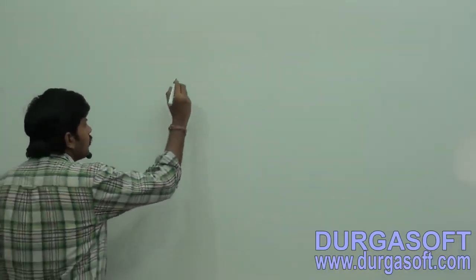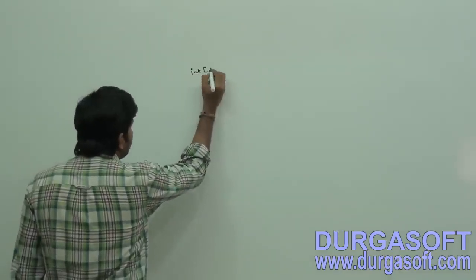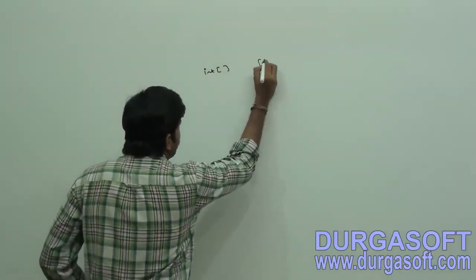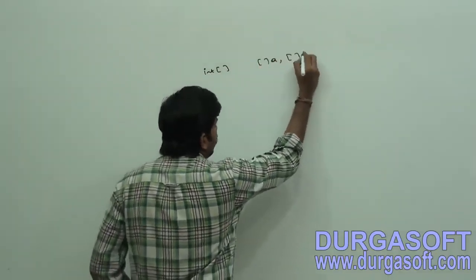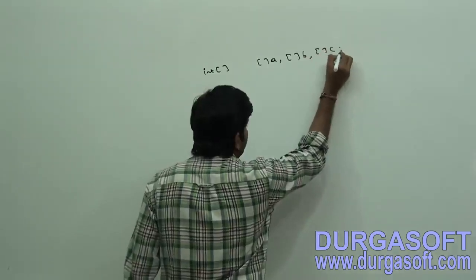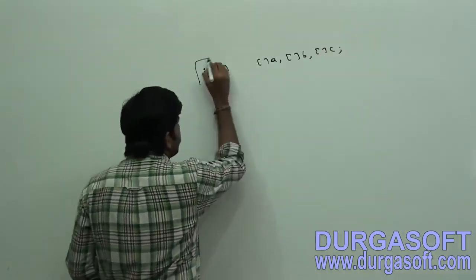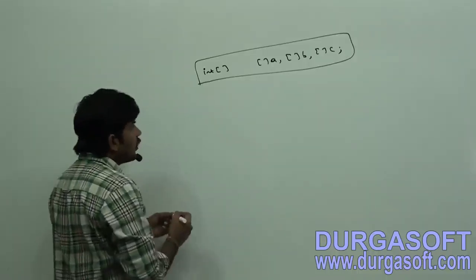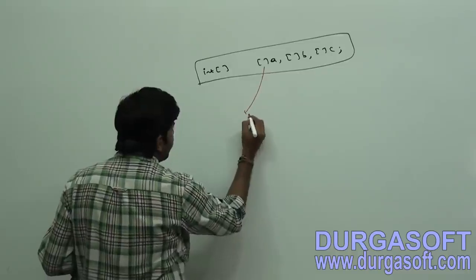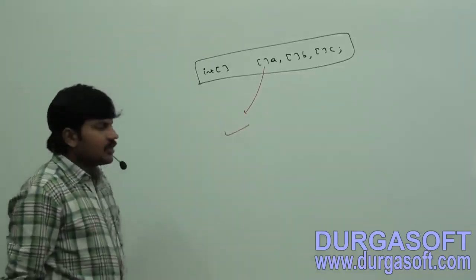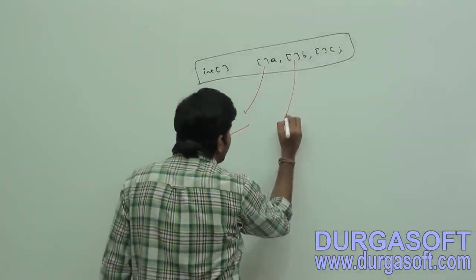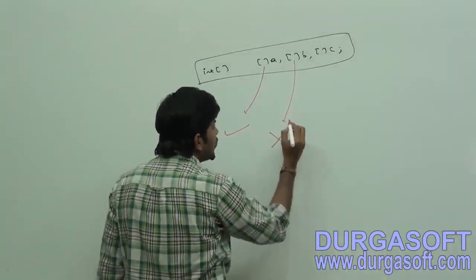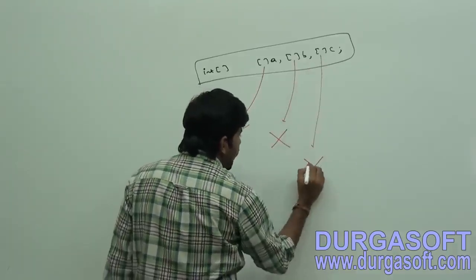Okay. So just int array A, B, C, like this I am taking. Sir, can you tell, is it valid or not? Okay, valid. Next, is it valid or invalid? This one is invalid, right?